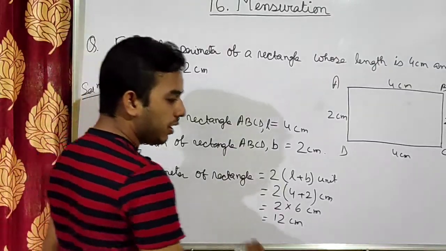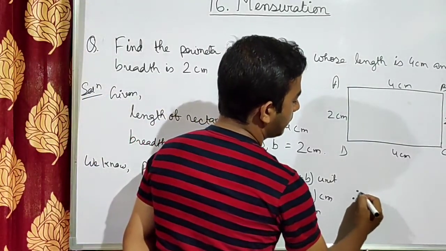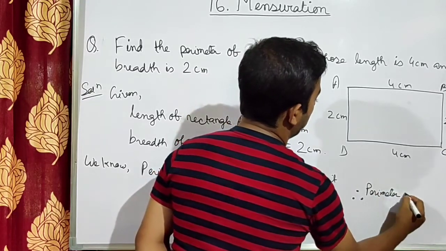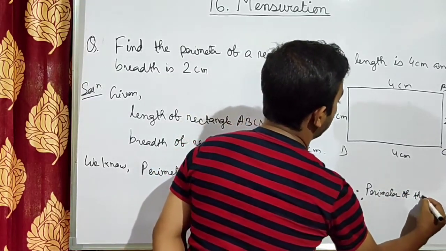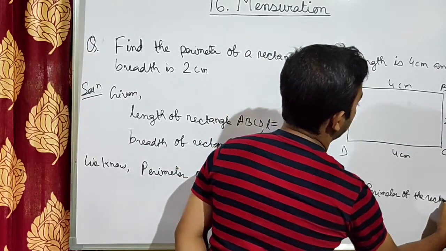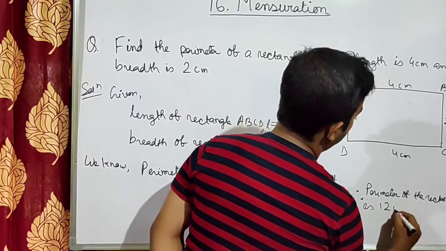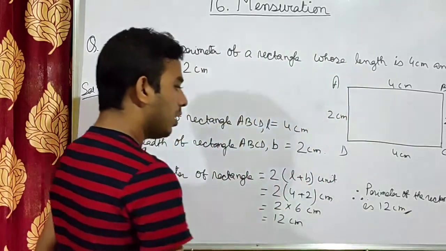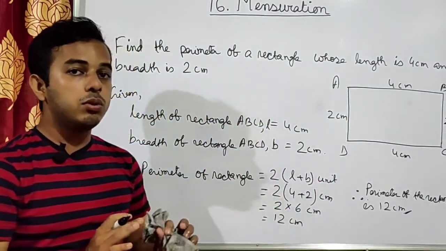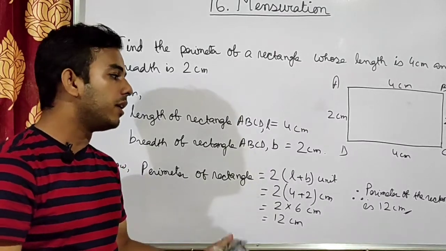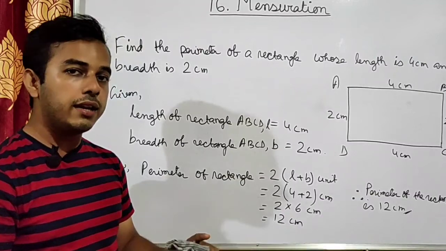We have to write, therefore perimeter of the rectangle is 12 centimeter. I hope this is clear to you. That is how we first found the perimeter of a square, then the perimeter of a rectangle. Clear? Okay.